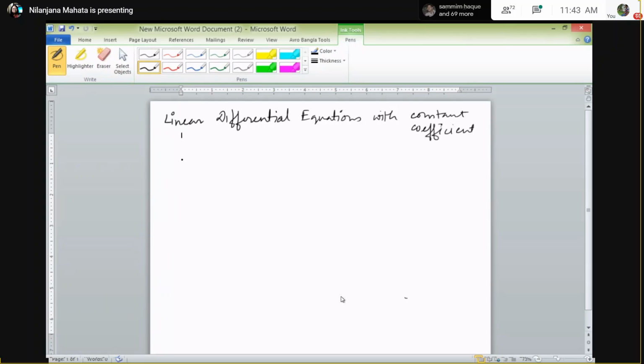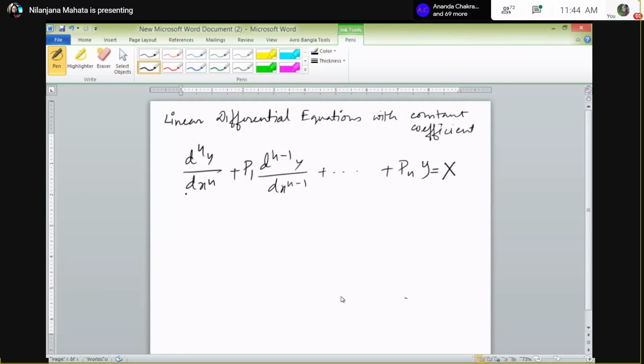The general form will be the nth order linear differential equation. This is an nth order ordinary linear differential equation. For a linear differential equation there will be no product term of y and the derivatives of the dependent and independent variable.